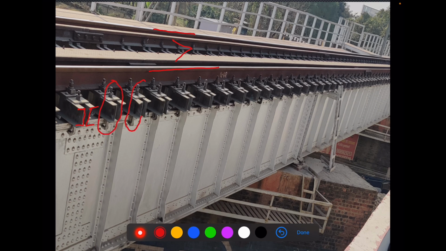These are the holding down bolts which are put to connect securely the steel channel sleepers with the stringers. So this hook bolt goes like this and secures my steel channel sleeper with the top flange tightly.